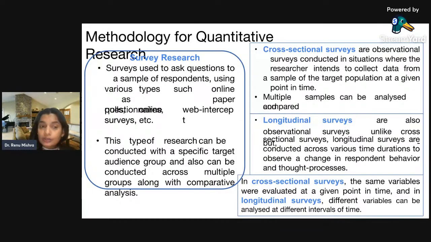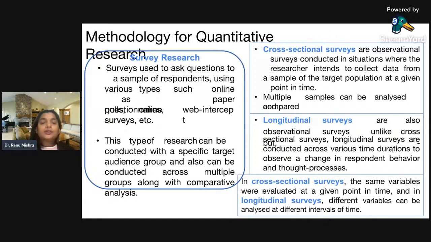However, in a longitudinal one, you are conducting the survey with the same group in different time durations. Let's say you want to understand the change in the acceptance level at different intervals of time. So you'll go to the same group at different times, and then you'll understand the changes in the behavior. So longitudinal survey is with the same group over different intervals of time. Cross sectional is with a different group at a particular given point in time. So you're not approaching the groups again.